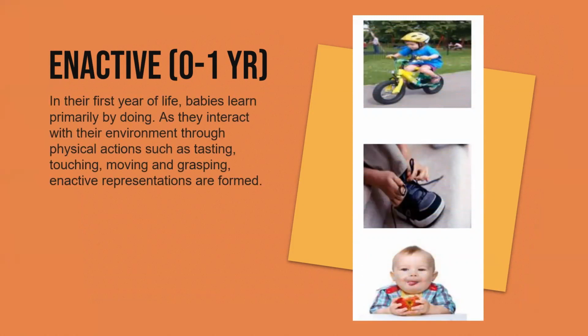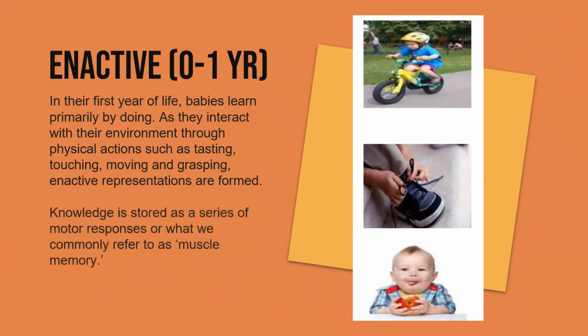So in the first year of life, kids learn primarily by doing, as they interact with their environment through physical actions such as what? Tasting, touching, moving, and grasping. Enactive representations are formed. Knowledge is stored as a series of motor responses, or what we commonly refer to as muscle memory.